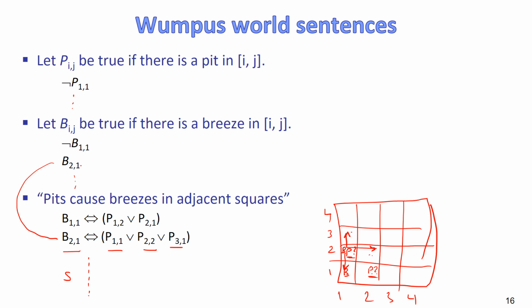We have B21 and we have the general rule. Once you have B21, then you know that it's P11 or P22 or P31. Now you can add this as a sentence to the knowledge base and so on. So that's generally how propositional logic will be used to represent sentences in the knowledge base.